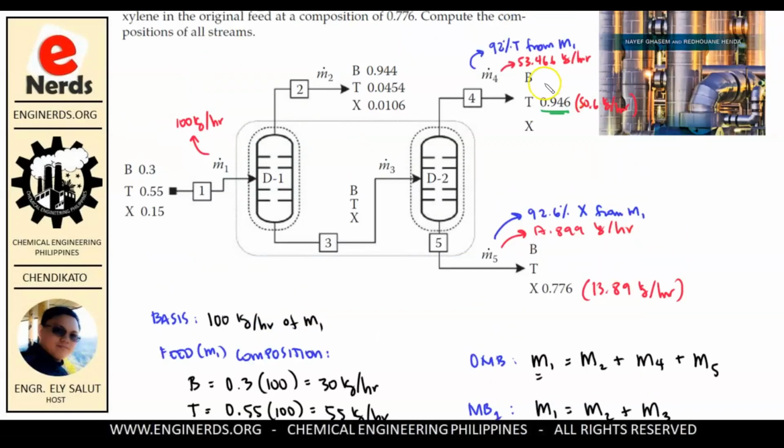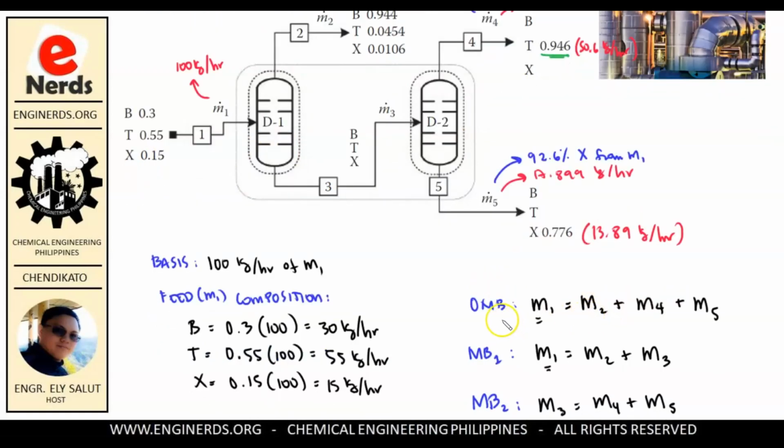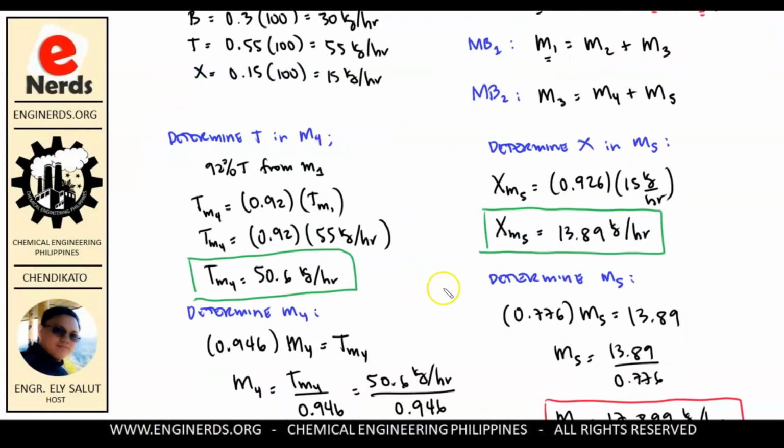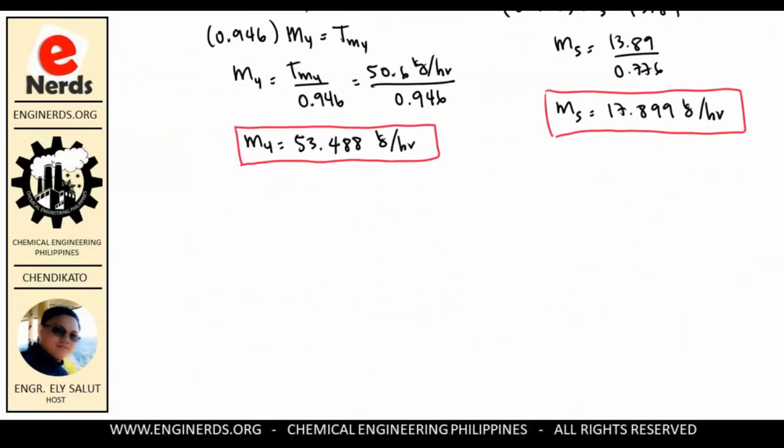Okay, so we know the value of M1, M4, and M5. So based from this overall material balance, alam natin yung value ng M1, M4, and M5. So now we can determine the value of M2. We will have here our overall material balance, which is M1 is equal to M2 plus M4 plus M5.